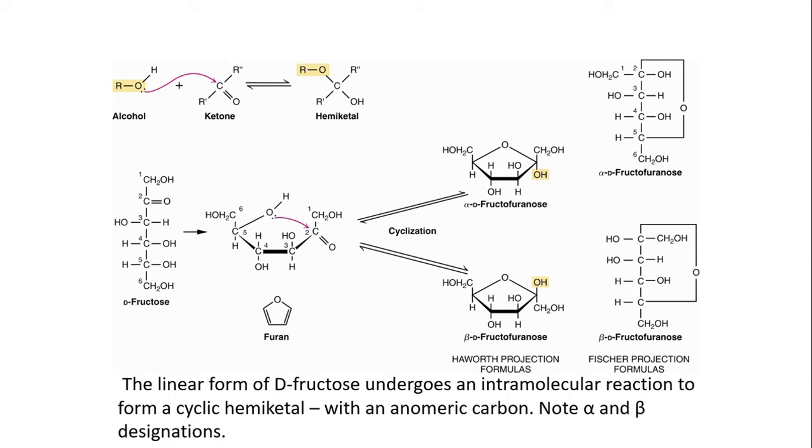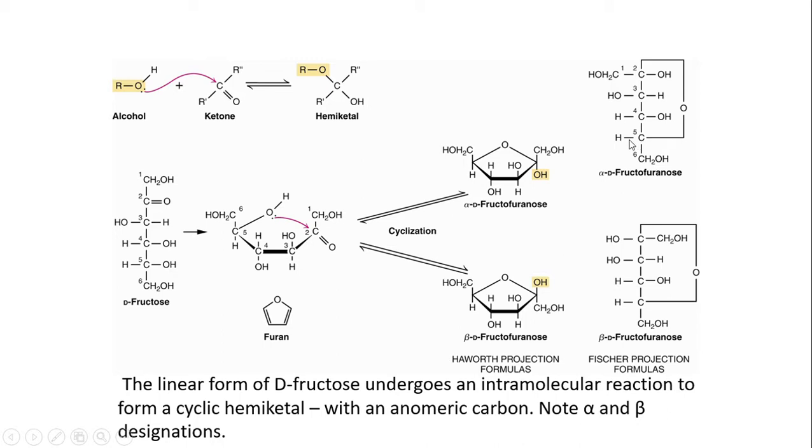So this is the general reaction that occurs when we form a cyclic ketone. Again, there's a hydroxyl group within the chain that is going to react with the carbonyl group of the ketone and form that hemiketal.